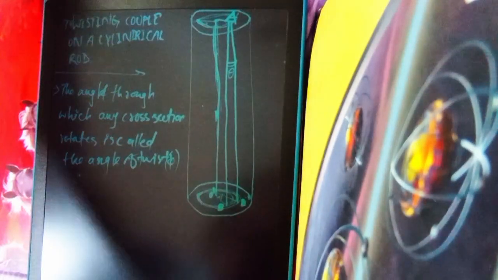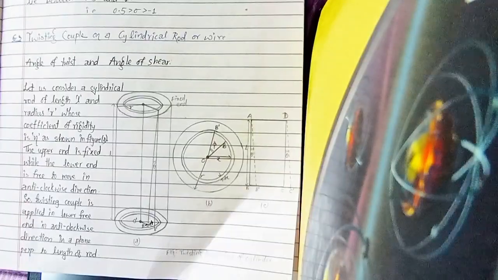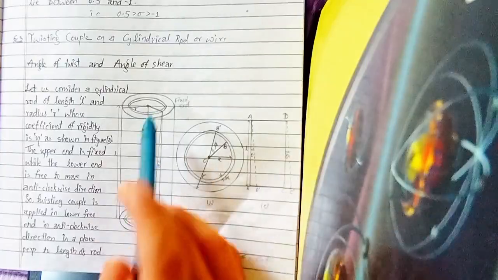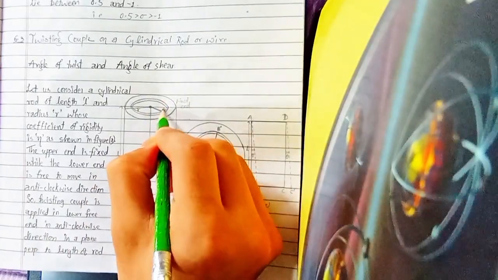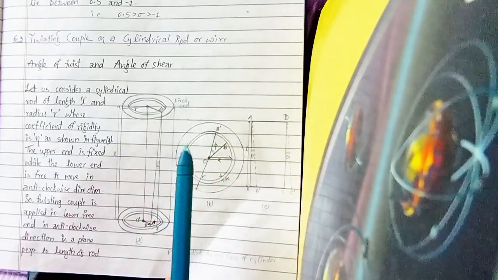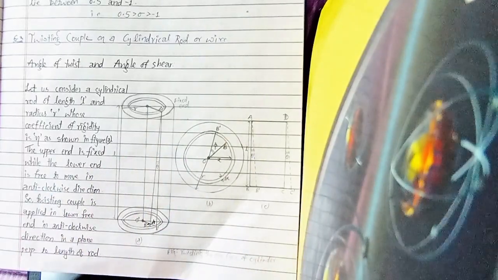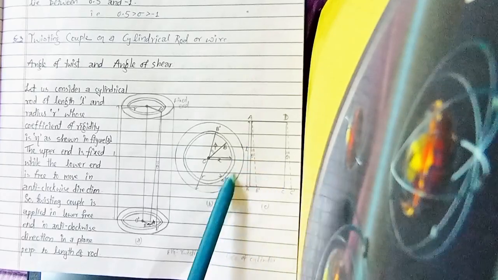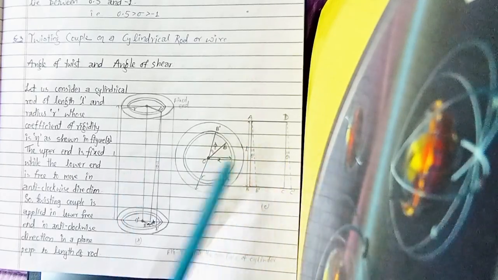I will show you. This is the diagram. This is the angle of shear, and this is point A. Before twisting, if you cut the cylinder, you will get this rectangle ABCD, which is shown by the full line.